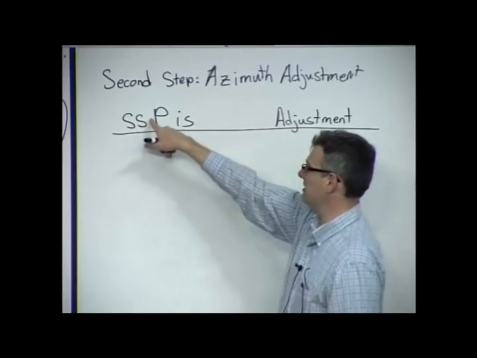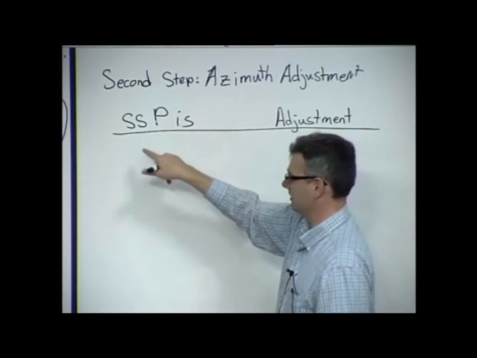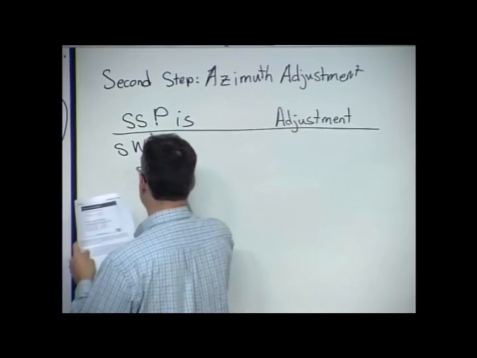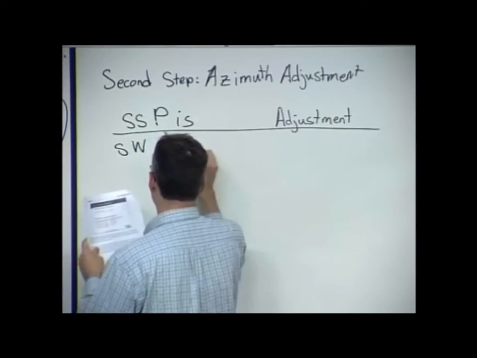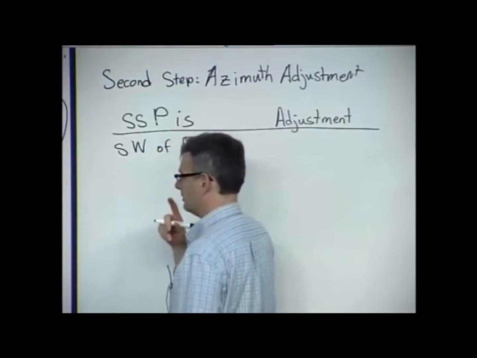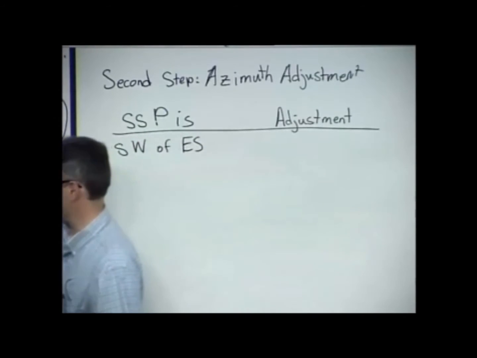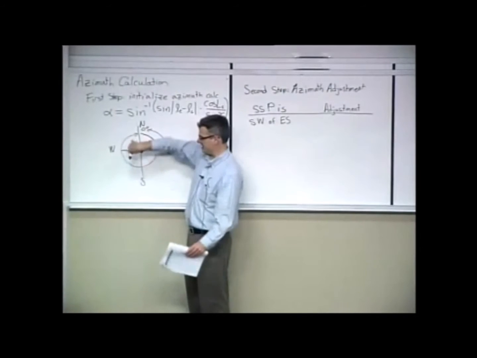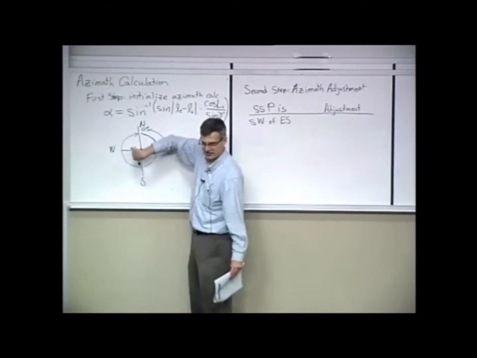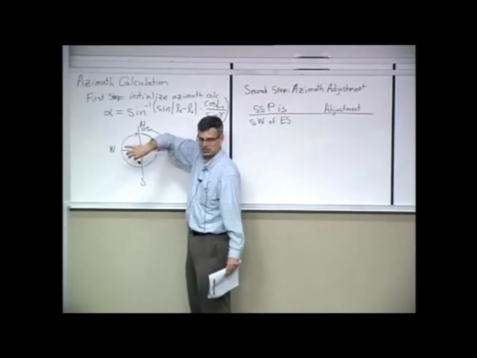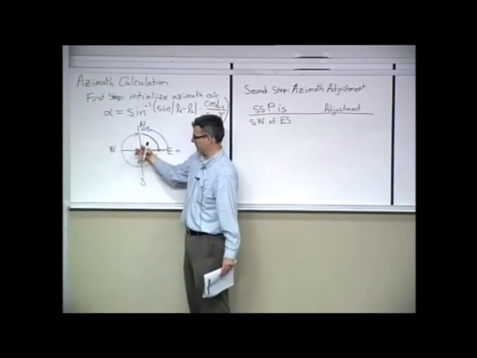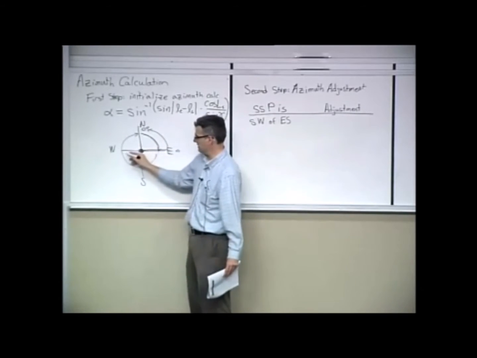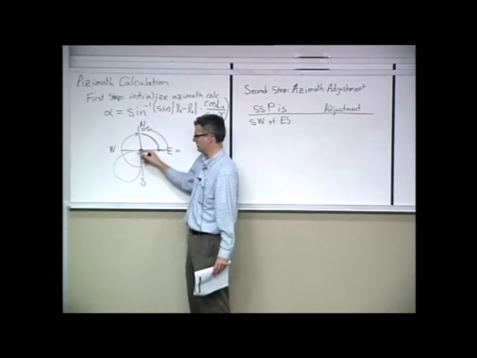The SSP, the satellite subpoint, is southwest of the Earth station. In other words, if I go to this diagram over here, this is my Earth station. I'm standing on the board. I'm looking down at somebody standing on the board or a dish mounted on the surface of the Earth like this. Southwest would mean that my satellite subpoint is somewhere in this quadrant.